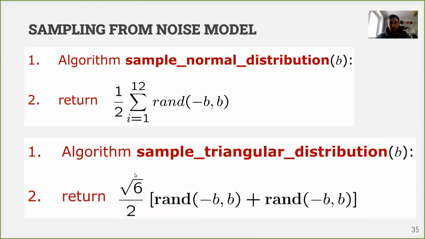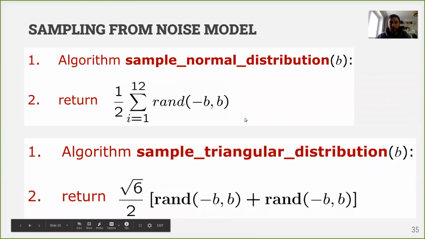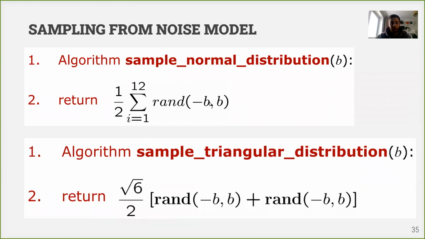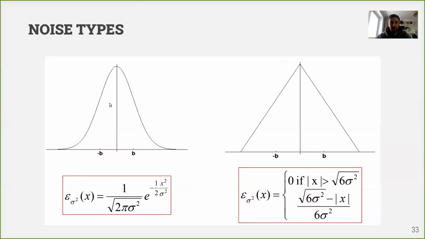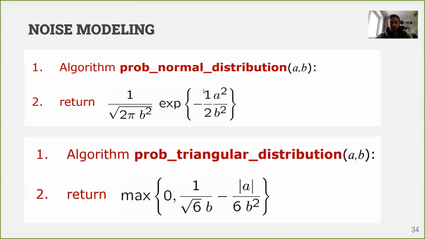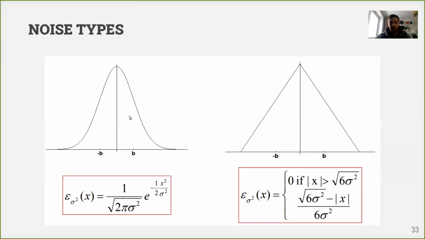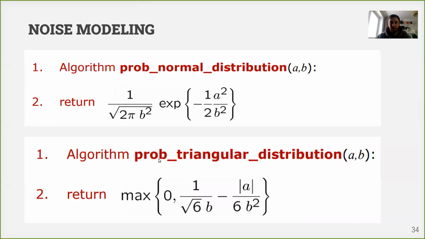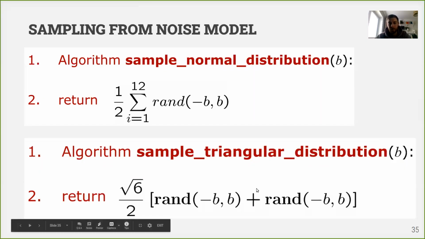And these equations allow us to do that. So we plug a number here and we get a sample from a normal distribution. So we plug in variance and get some result from this distribution, some sample from this distribution. And the same for triangular.